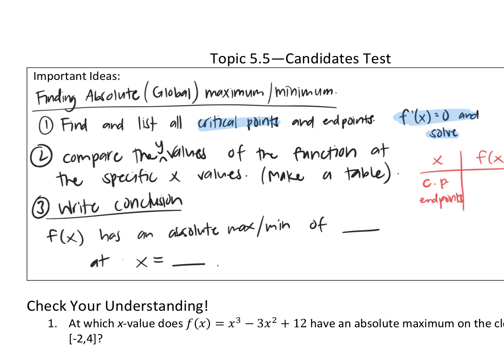So on that previous example, it would be something like, you know, the stock value has an absolute minimum of $3.20 at x equals 18 or t equals 18. Okay, that just kind of answers the question in general.